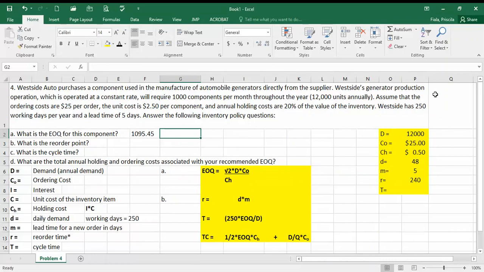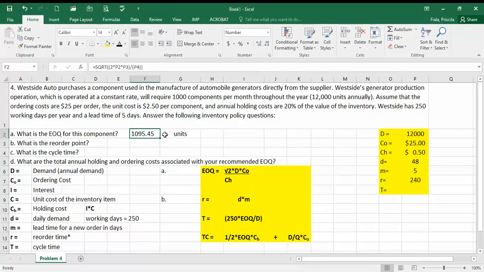So here we're talking about units, correct? Well, it's not possible for us to have 1,095.45. Some of you might get 44 units. You don't have a 0.45 unit. So right here, this can open room for so much discussion.